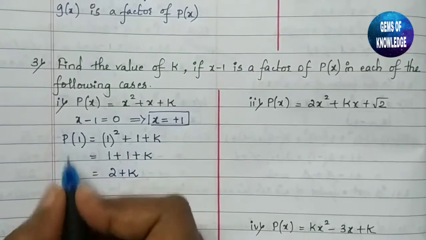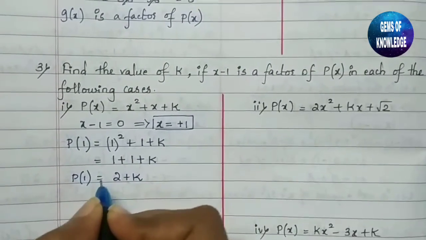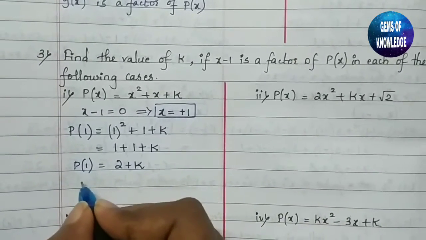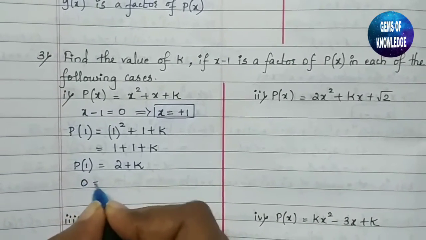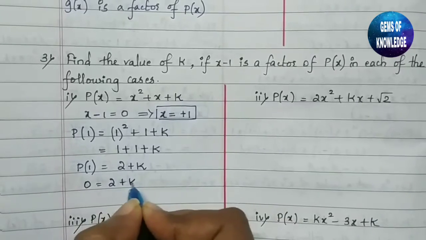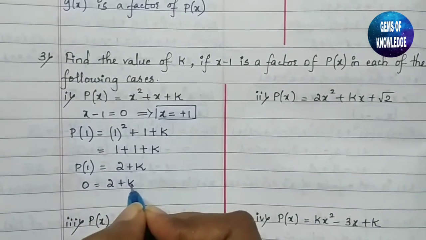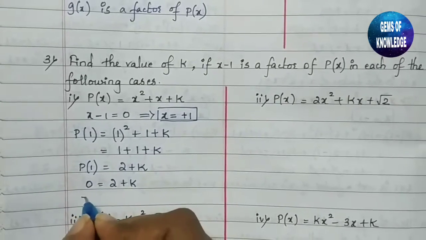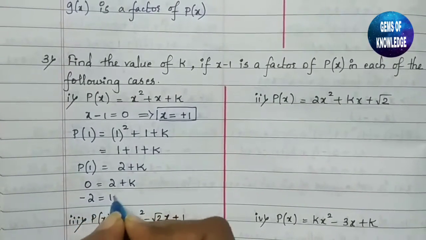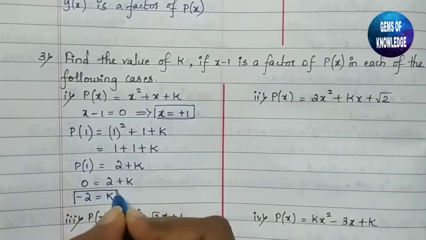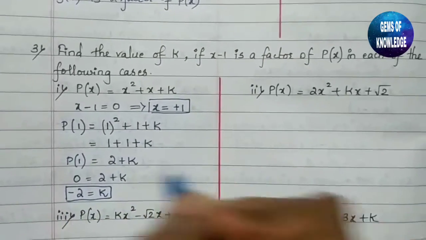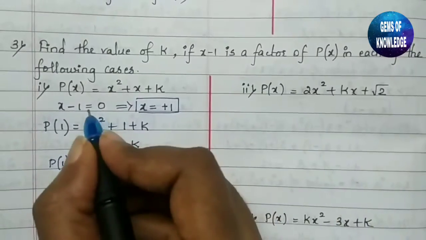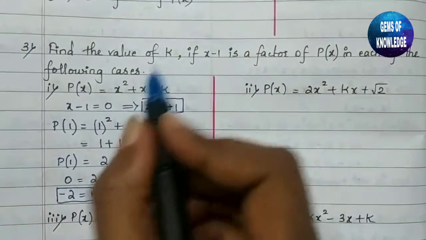So p of 1 is equal to 2 plus k. Now we will consider p of 1 is equal to 0, which is equal to 2 plus k. We will keep this k as it is and bring this 2 to this side. So we are getting minus 2 is equal to k. So what is the value of k here? It is minus 2.